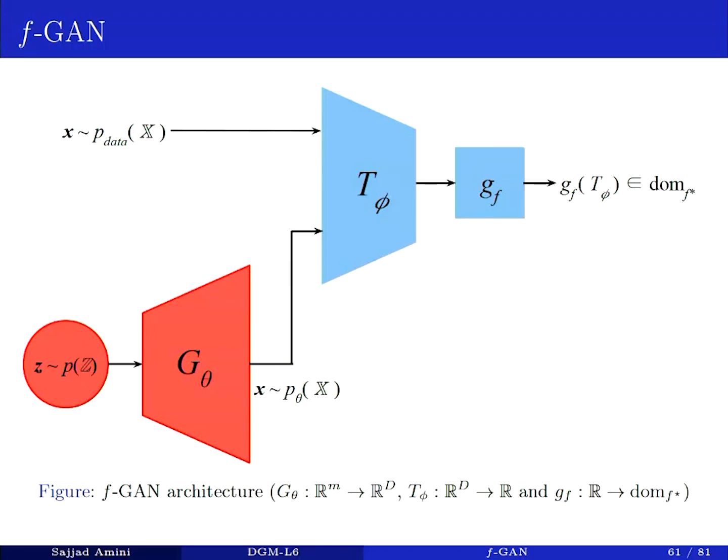In the case of GAN, you have the discriminator here, and this g of f is inside the classification loss. You want to maximize the probability of y given x.